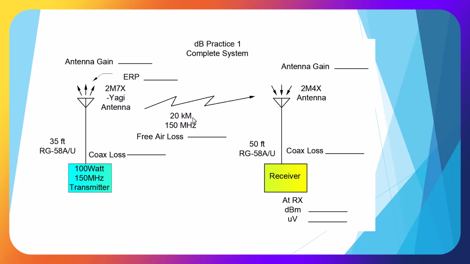We have 20 kilometers and 100 megahertz signal through air, received by an antenna 2M4X, 50 feet of RG58AU coax, and received by our receiver here. And we're looking for coax losses, free air losses, our ERP, and our antenna gains. And then at our receiver, we're going to do dBm and microvolts.